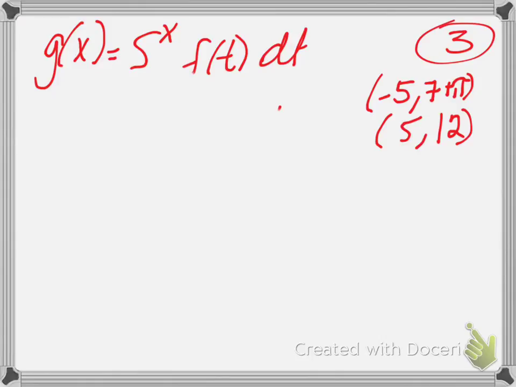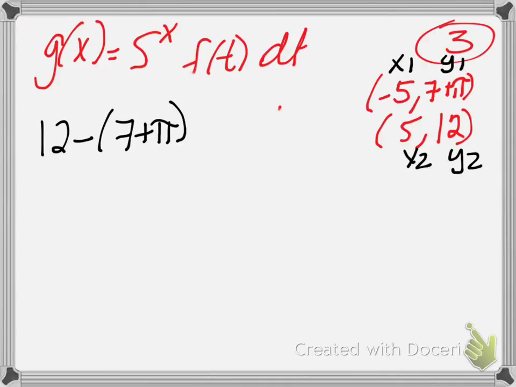Let me change colors. So this is my x1, y1, x2, y2. So I'm going to plug into slope formula. So y2 minus y1, so I need my parentheses, over x2 minus x1.